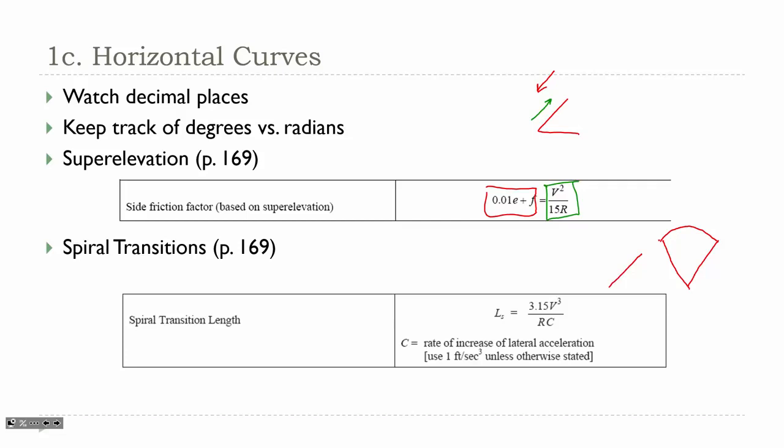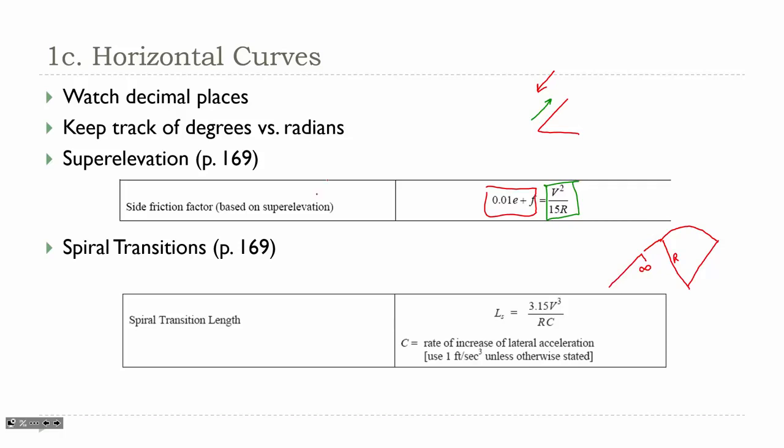A spiral transition starts out at a radius here of infinity and then spirals to match whatever the radius of your actual curve is. So it's more of a gradual turn. The original basis for that is they use spiral transitions in railroad design because a train can't instantly turn its wheels or it would derail.